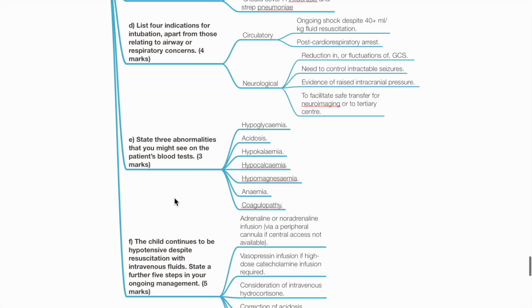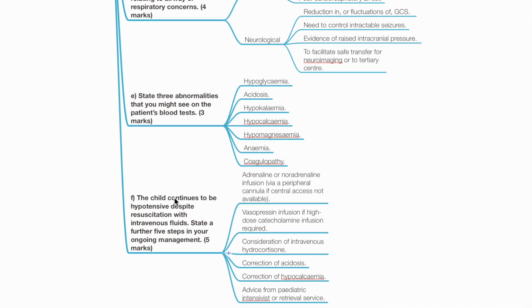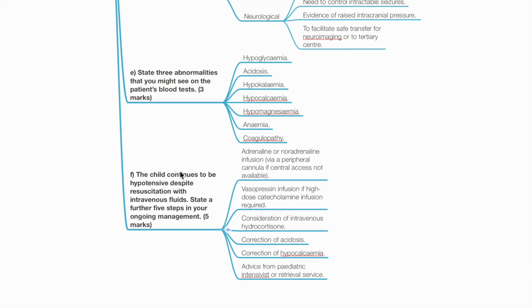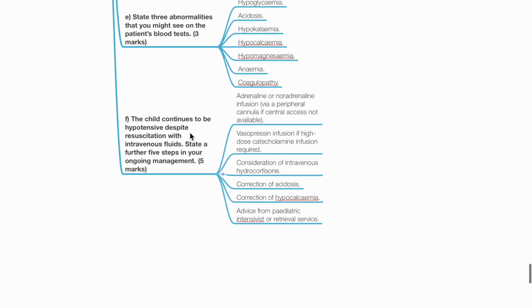E. State 3 abnormalities that you might see on the patient's blood test. Abnormalities that may occur include hypoglycemia, acidosis, hypokalemia, hypocalcemia, hypomagnesemia, anemia, and coagulopathy. F. This child continues to be hypotensive despite resuscitation with IV fluids.